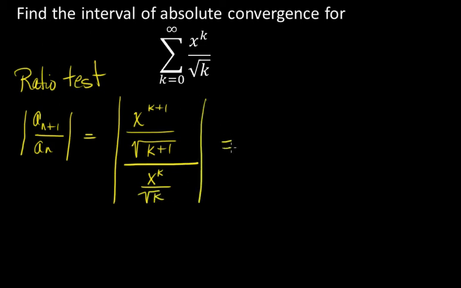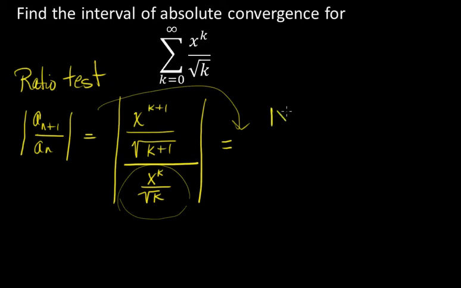Now, I really didn't have to. Normally, I would skip this and go straight to here. You know we're going to invert this and multiply. And also, the square root is already positive, so we only need our absolute value around x.